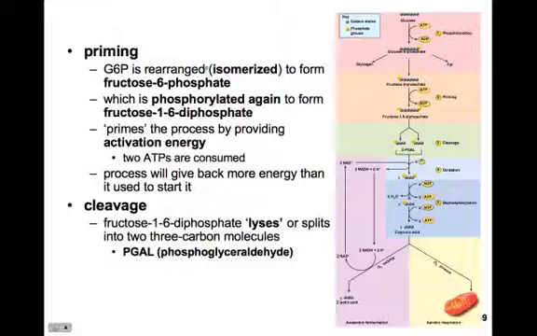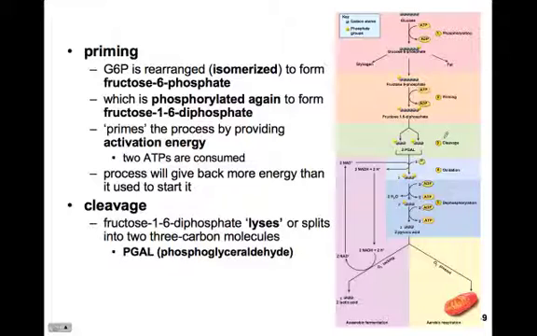In priming, we rearrange glucose 6-phosphate into an isomer, fructose 6-phosphate, which is then phosphorylated by the addition of phosphate and energy from ATP to form fructose 1,6-diphosphate. This provides the activation energy, or the spark, necessary to set this sugar on fire so we can capture as much energy as possible.